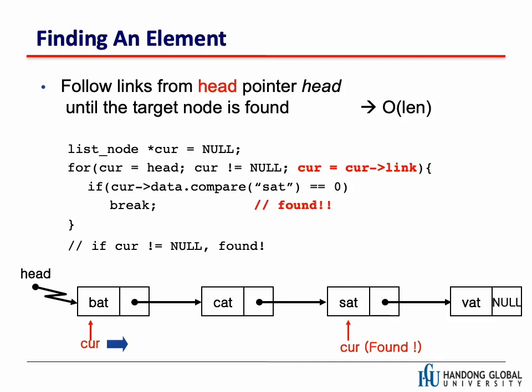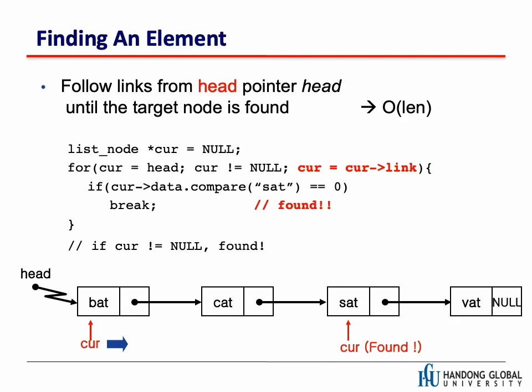In the for loop, cur starts from head, and we iterate this for loop as long as cur is not null, and cur is moving to the next node. Let's assume that we are looking for set in this structure. Then let's follow this for loop, and look at the figure at the same time.